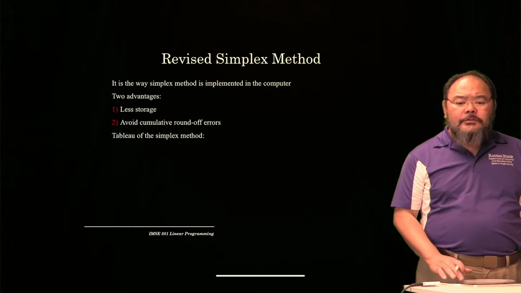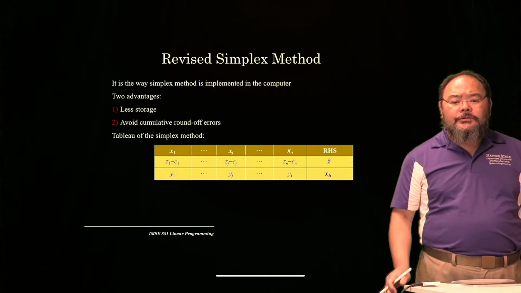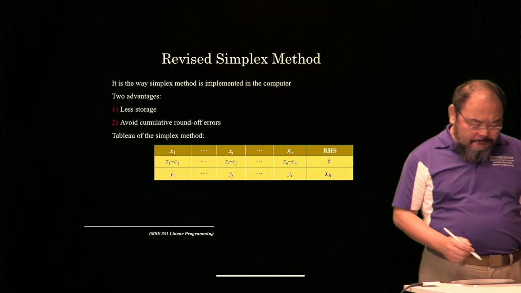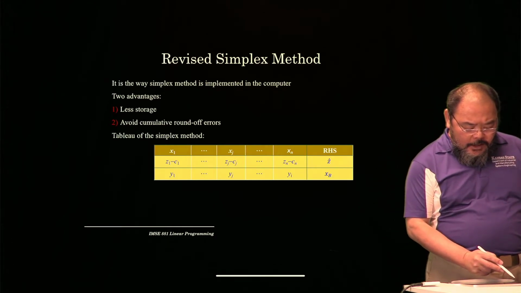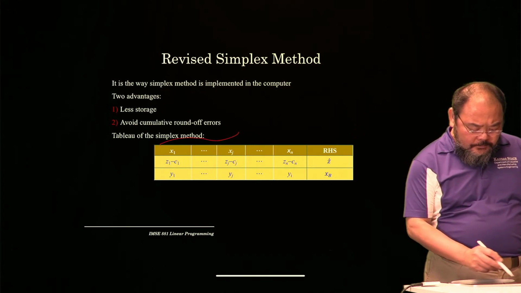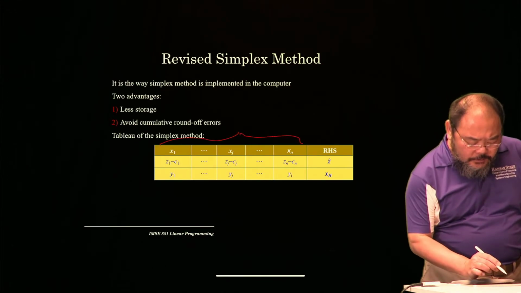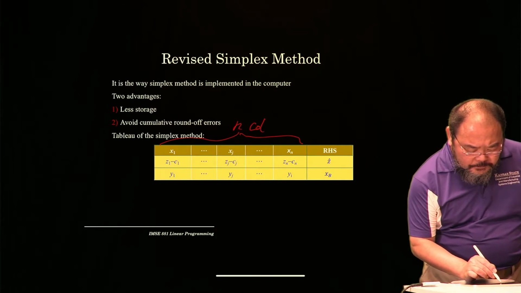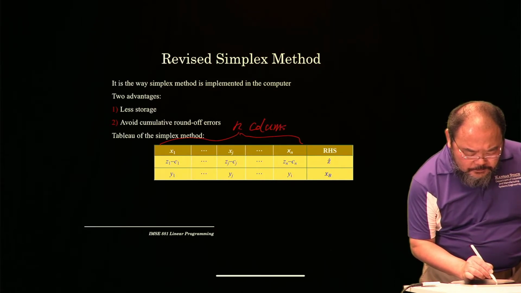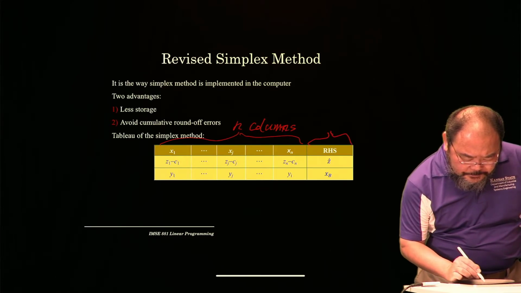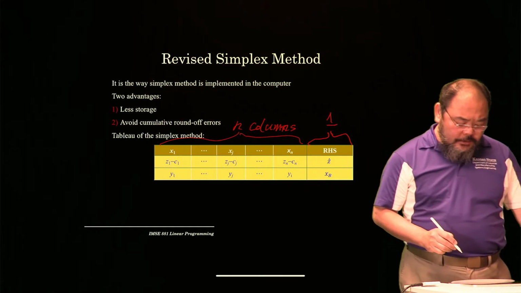So first, let's review the so-called original simplex Tableau and how it looks. We have x1 to xn, so there will be n columns, and this is one column only.